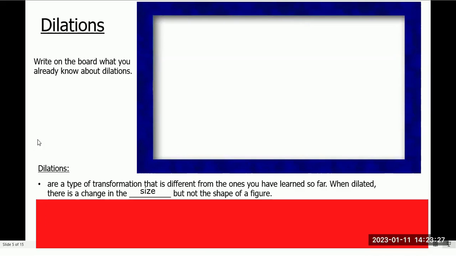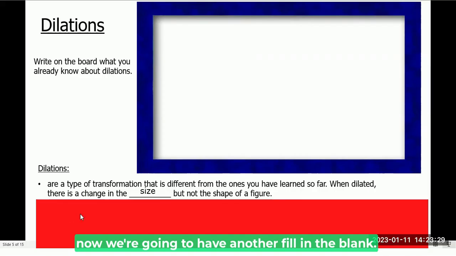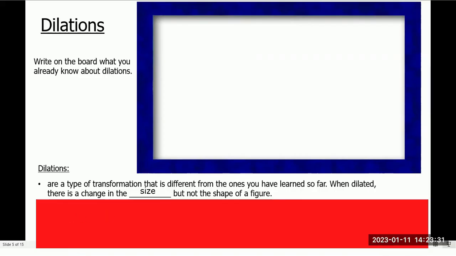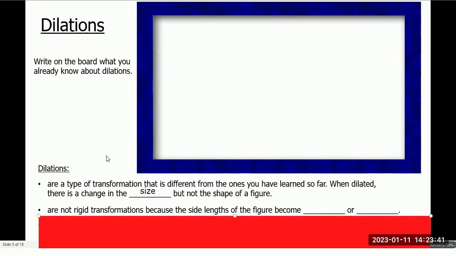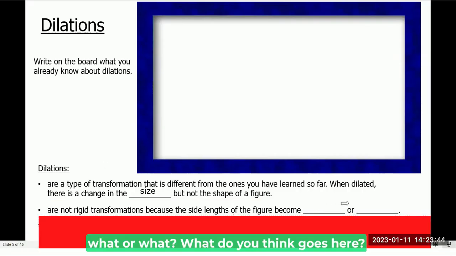Okay, so now we're going to have another fill in the blank. Dilations are not rigid transformations because the side lengths of the figure become what? What do you think goes here?